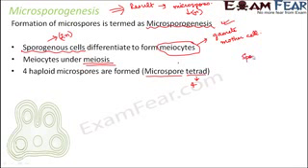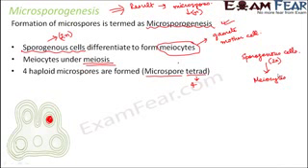So the story starts with the sporogenous cells. Where are they located? The sporogenous cells form the sporogenous tissue, which is located at the center of each microsporangium. So you have it here. Here you have the sporogenous tissue, which is made up of the sporogenous cells. Now these sporogenous cells are diploid. These cells will differentiate to form myocytes. What do you mean by differentiate? That means they are not basically dividing or anything.